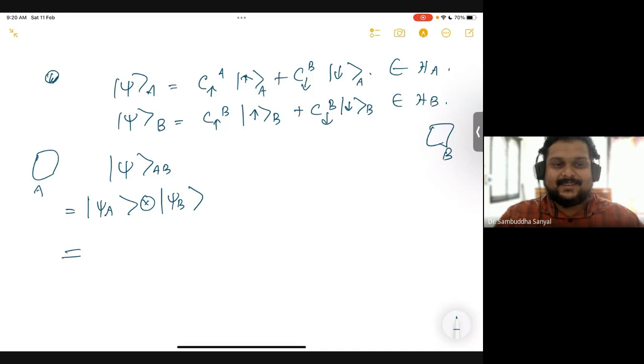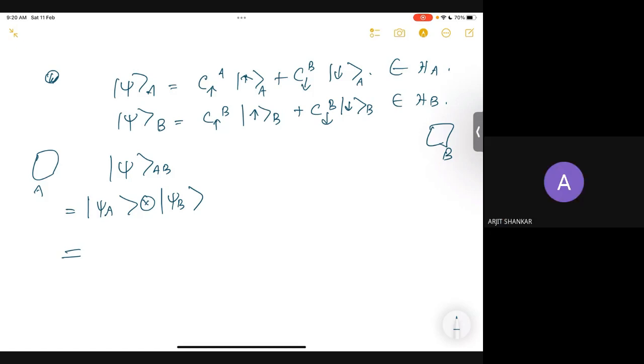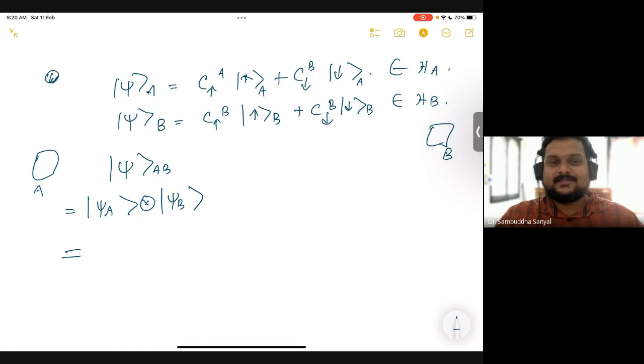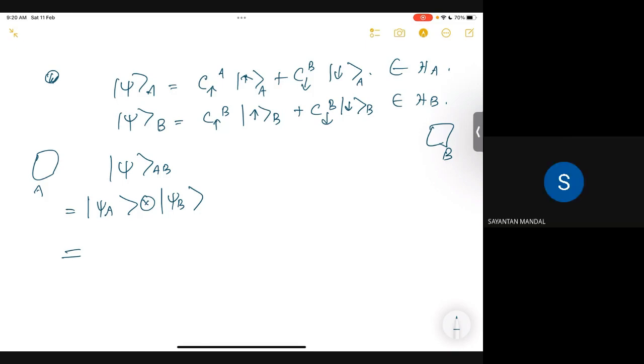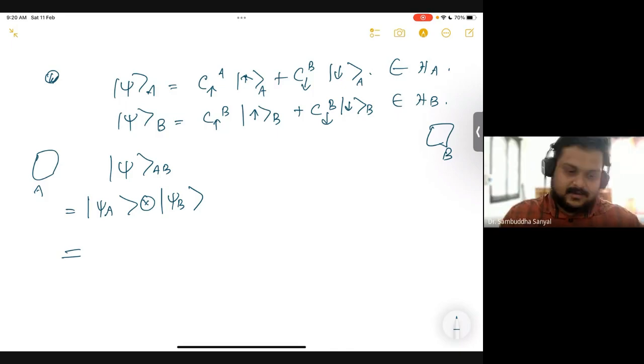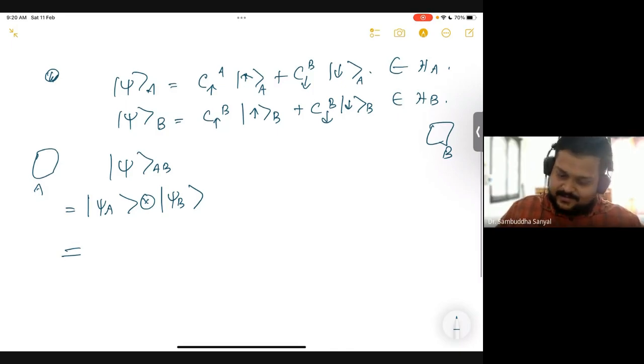How should I write this down in terms of this up down? What should I do? How come nobody knows? Is it C up A psi up B and that's C down A down B? Yeah.